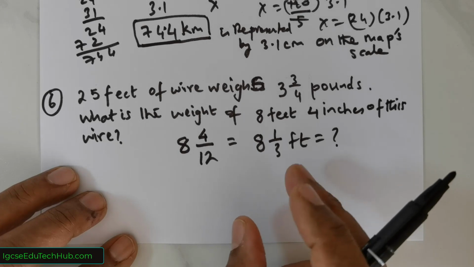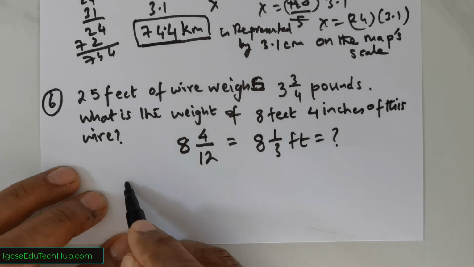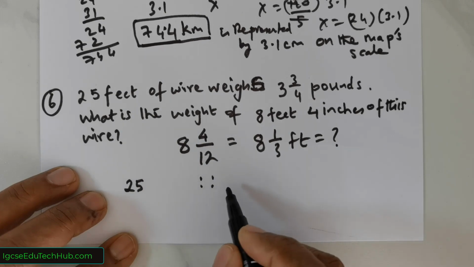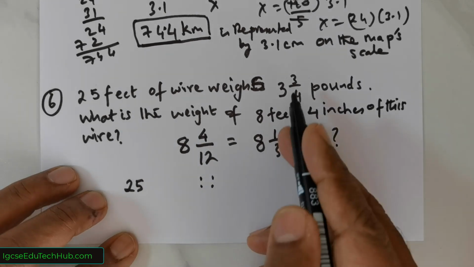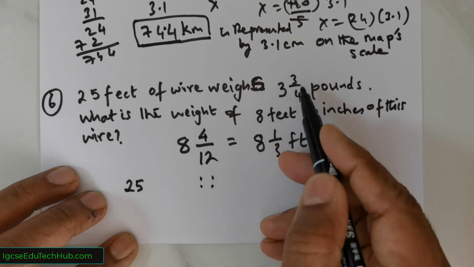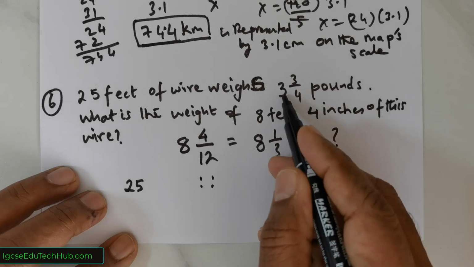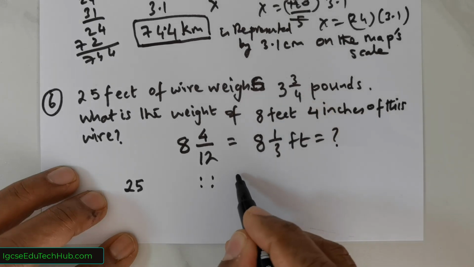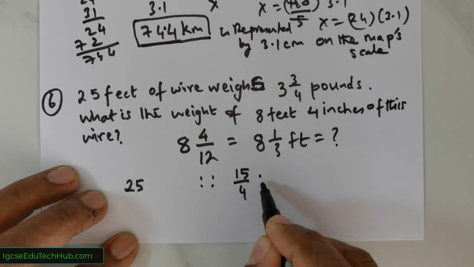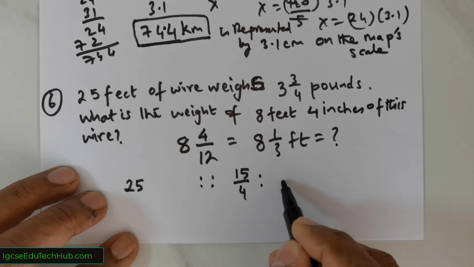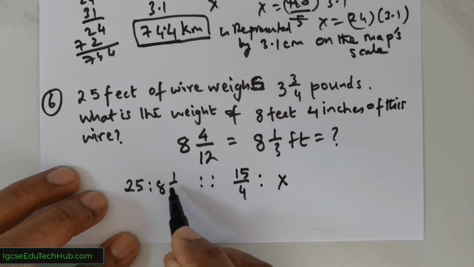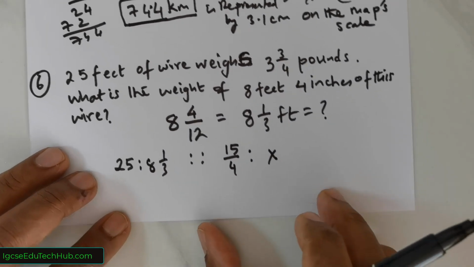So having given you this, we will have to set up the system. So what is the system? 25 feet, you put a double colon here, weighs 3 and 3 over 4 pounds. So you can convert this: 3 4s are 12, 12 added with 3 is going to give you 15 over 4 pounds. Now you are expected to find this x for 8 and 1 over 3 feet. So this is the system.